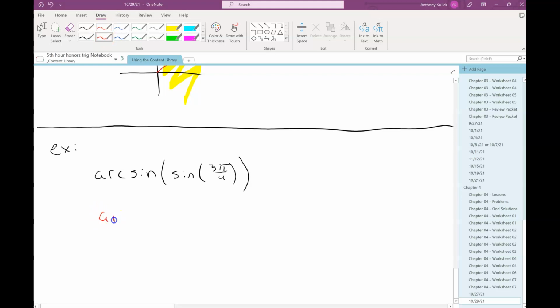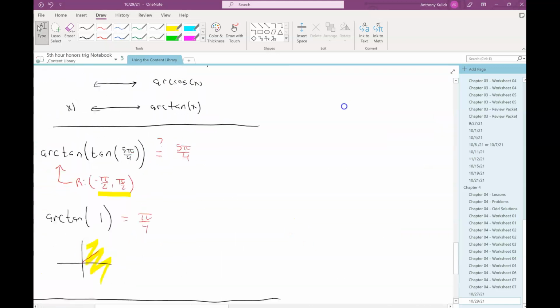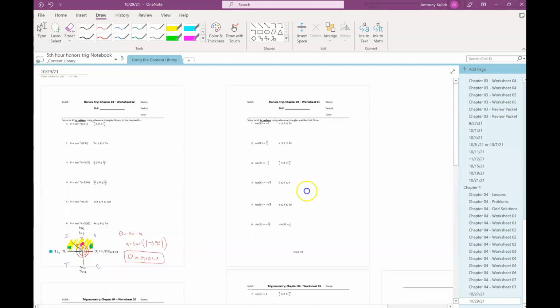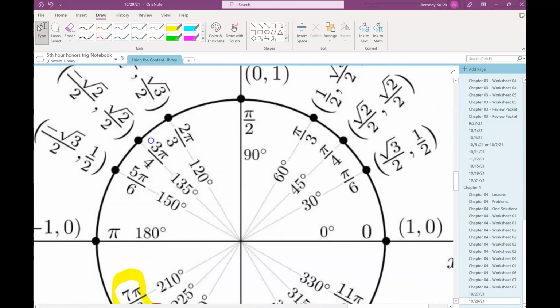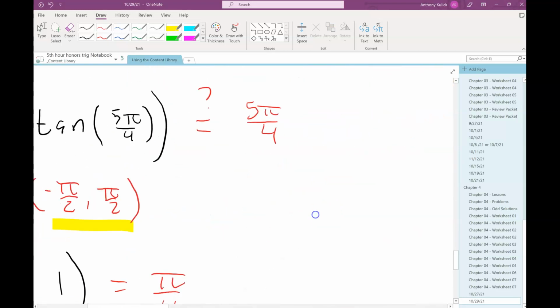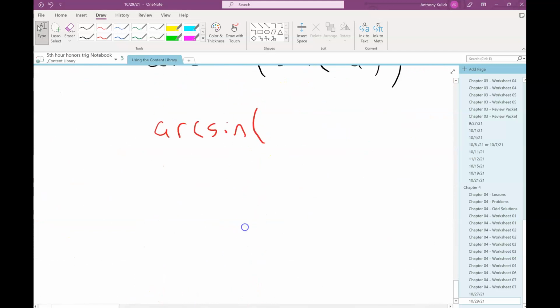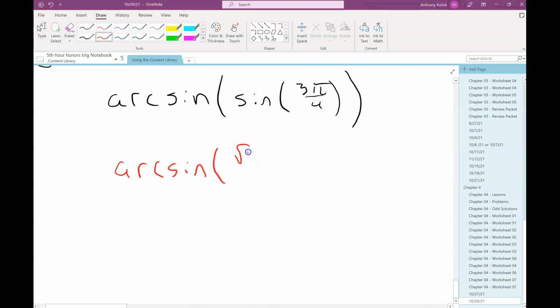So if you go to your unit circle and we look, what's the value of sine of 3 pi over 4? Root 2 over 2. Should probably just have copied that down here also.